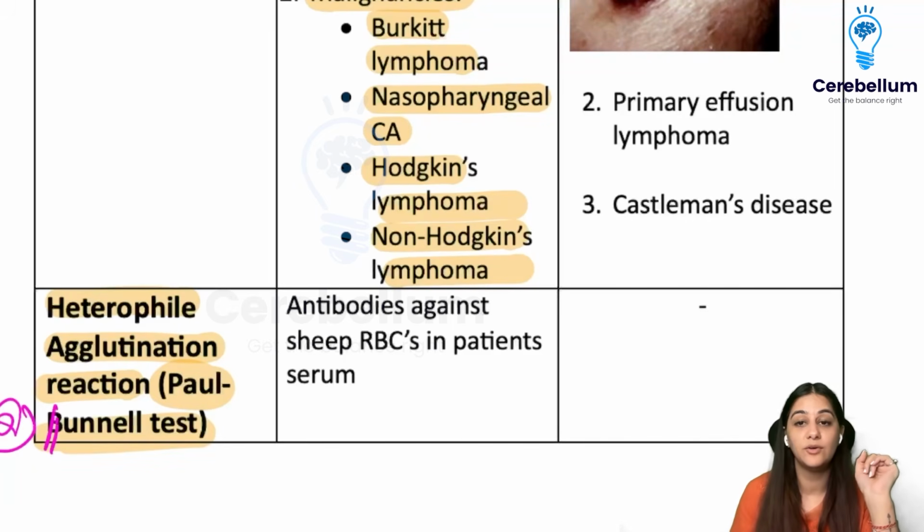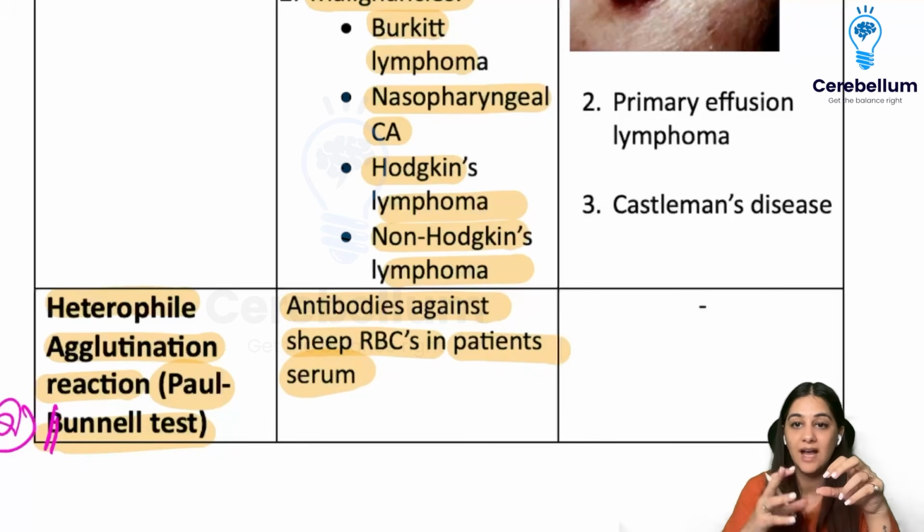It is going to be done for your Epstein-Barr virus, where antibodies against the sheep RBCs are seen in the patient's serum. So we take the sheep RBCs and make them react with the patient's serum because there are some antigens present on the sheep RBCs that are very similar to the antigens present on the Epstein-Barr virus. So they are called heterophile antigens, right? They share similar structures.